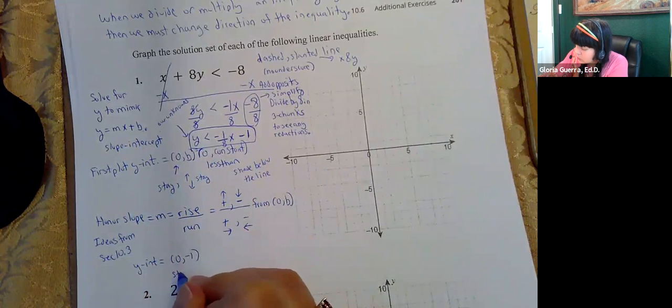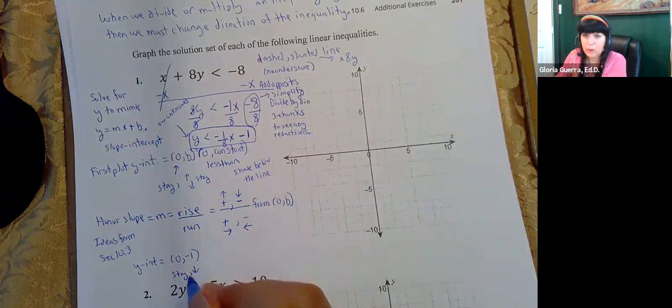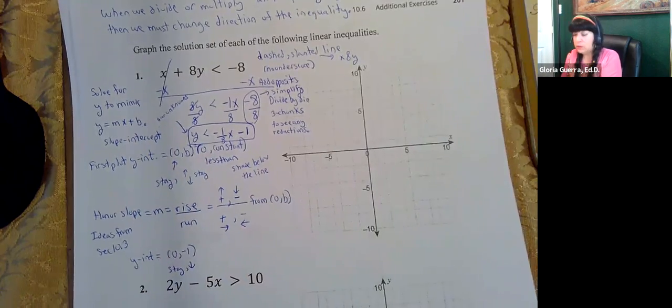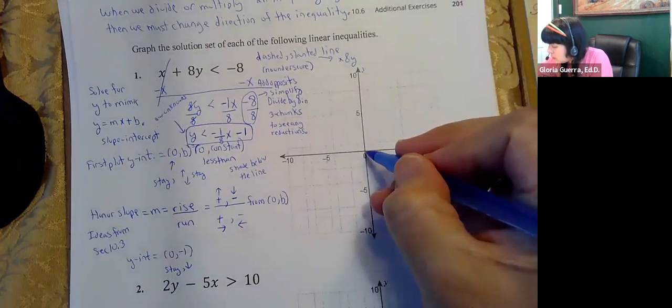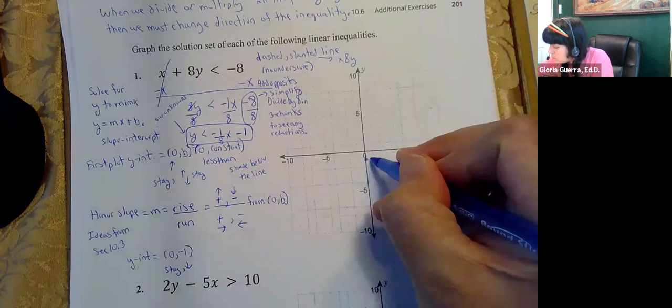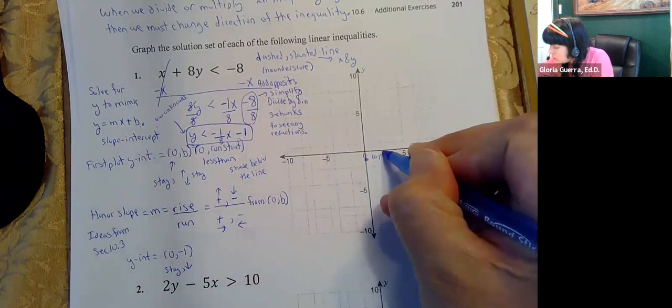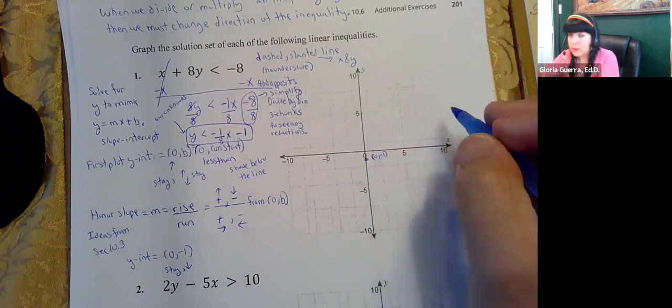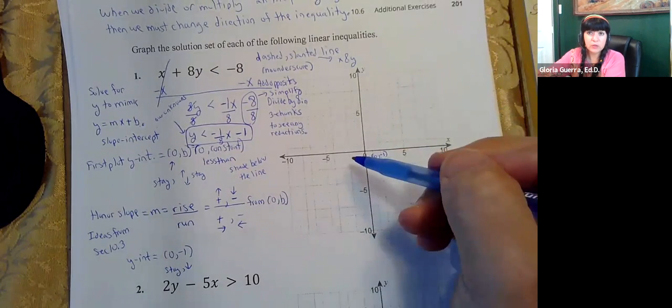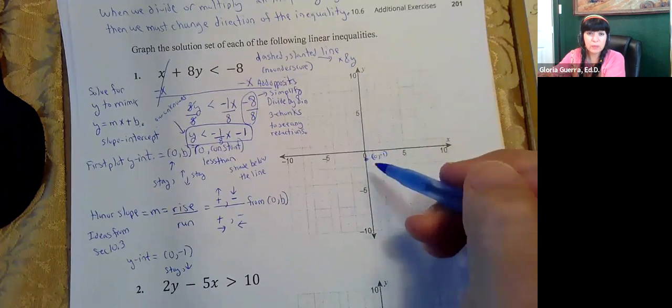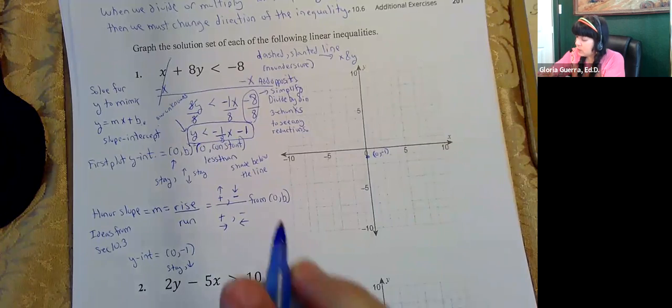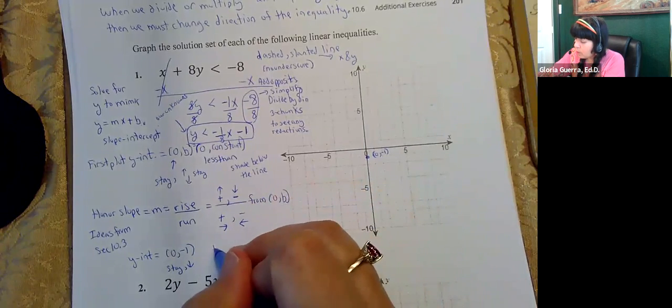And that tells you to stay and to go down. So I'm going to do that here. Stay and then go down. That's 0, negative 1. Okay, that's your y-intercept. It crosses the y-axis. Okay, now next, we're going to honor your slope.